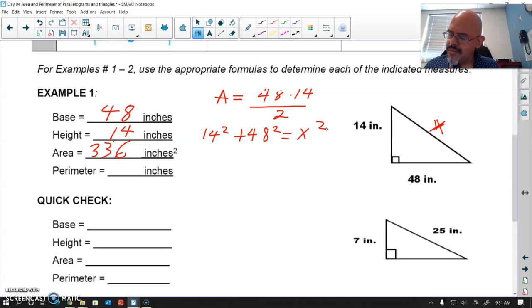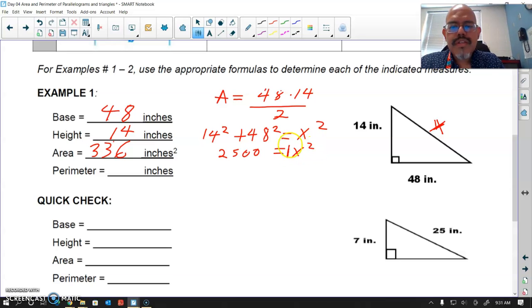I'm just going to do the math. That's going to be 2,500. Then take the square root of both sides, so that's going to be 50.